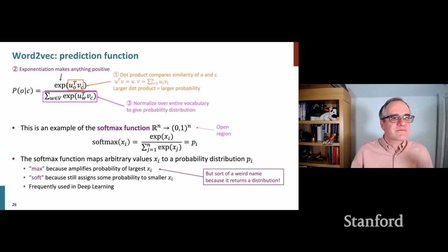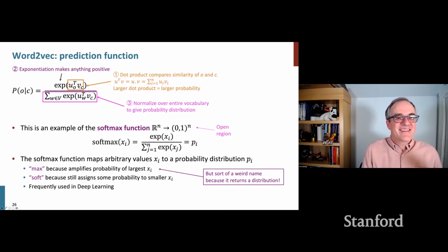For a particular center word C and a particular context word O, we're going to look up the vector representation of each word. So they're U of O and V of C. And then we're simply going to take the dot product of those two vectors.